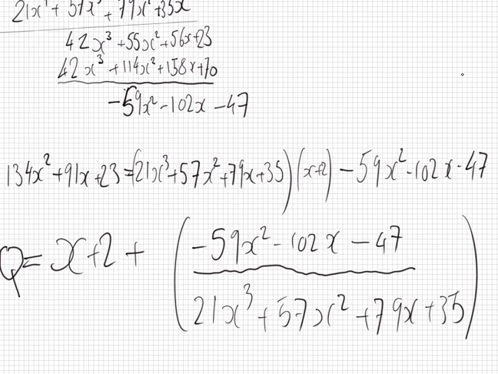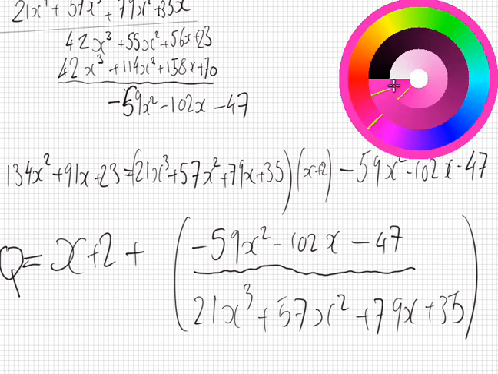Mode 5, 4. 53 is for quadratic, 54 for cubic. Denominator: 21, 57, 79, 35.